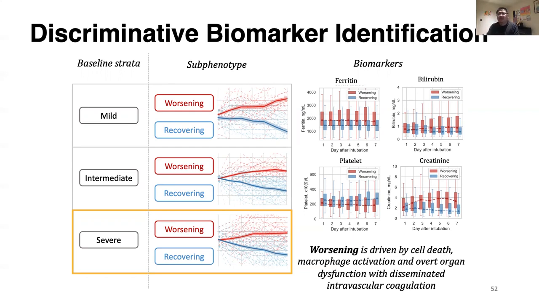We can observe significantly higher ferritin, continuously increasing bilirubin and creatinine, as well as significantly lower platelet values in the worsening subphenotype compared to the recovering one. This suggests that within the severe stratum, the worsening subphenotype was probably driven by cell death, macrophage activation, and organ dysfunction with intravascular coagulation.